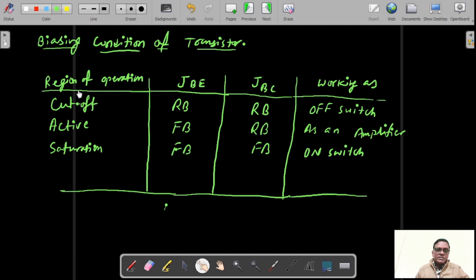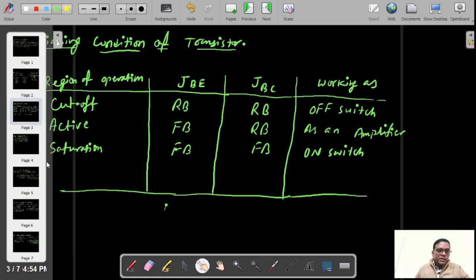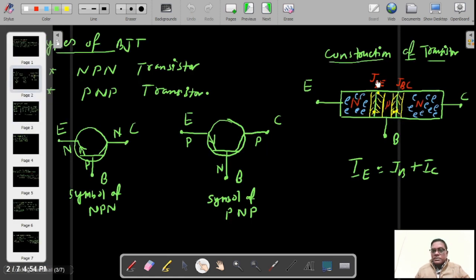These are the three regions in which the transistor will work. As we have seen in the previous diagram, there are two different junctions in a transistor, that is the base emitter junction and the collector base junction. So according to the biasing conditions, we have to check whether the base emitter junction is forward biased or reverse biased.